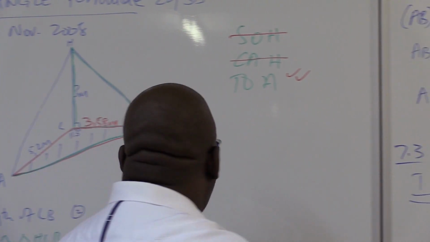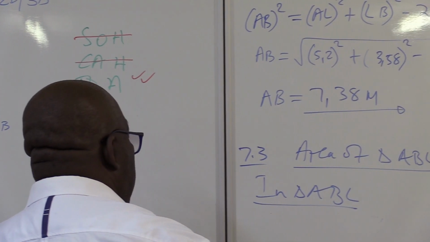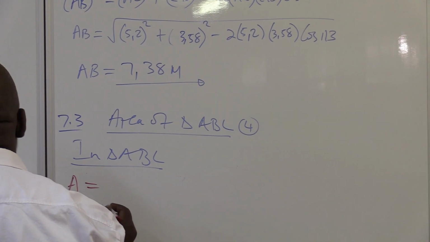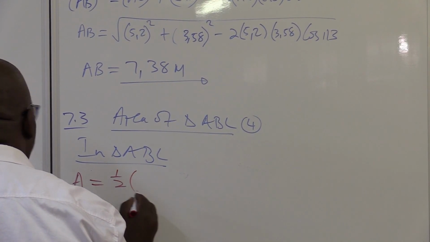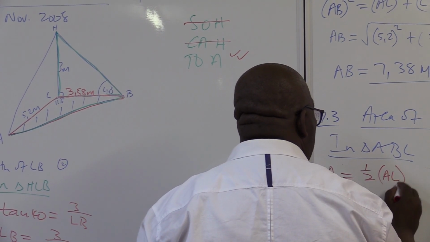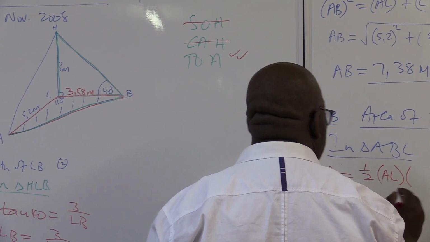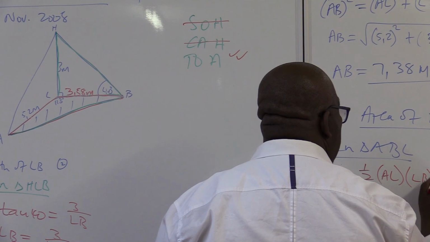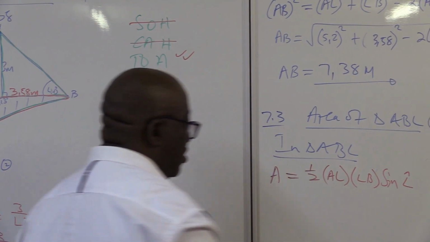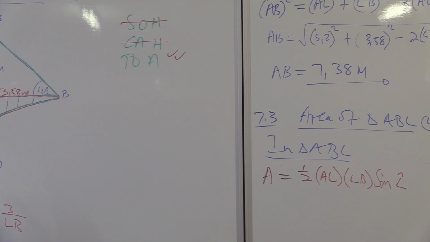So the area of this triangle will be equal to half of this side, which is AL, times the other side, which is LB, sine of the included angle, which is L in this particular case. This is what is referred to as the area rule.